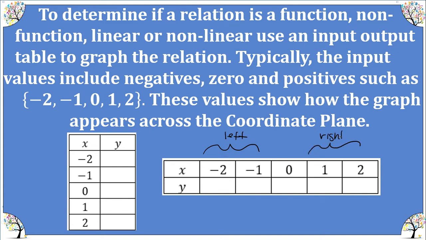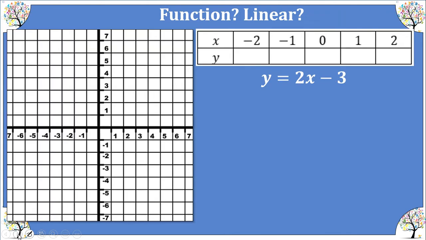So the -2 and -1 are on the left side, so I can see what the graph looks like here. My 0 input value will let me see what it looks like on the y-axis, and my +1 and +2 will let me see what the graph looks like on the right side, so I can get a complete picture of my relation to see if it's a function or not, and linear or nonlinear.